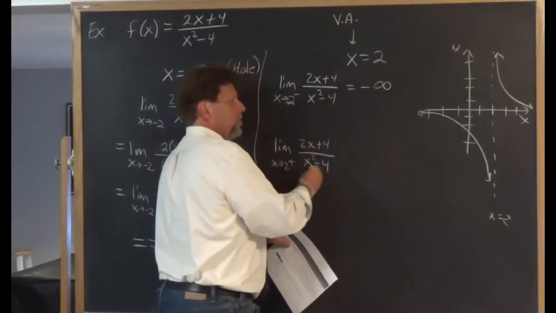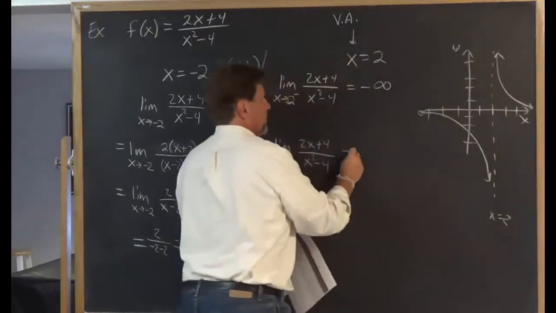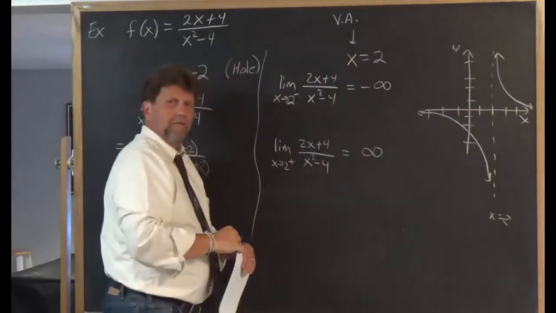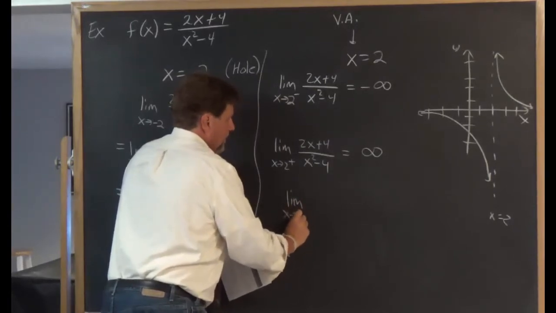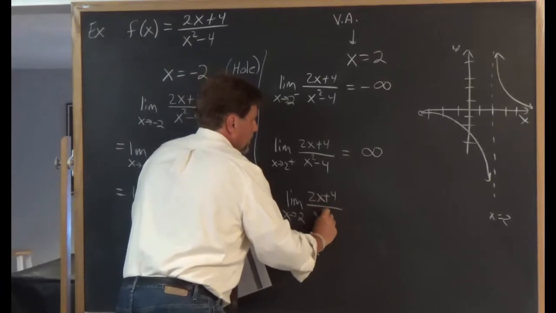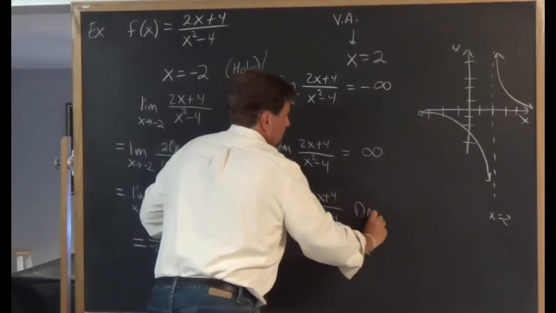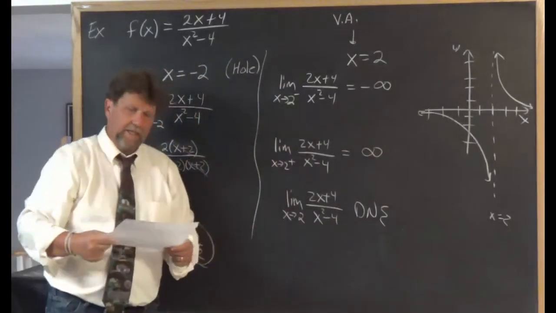As I approach 2 from the right side of 2, that limit is positive infinity. And then that tells me that the limit as x approaches 2 does not exist. Those aren't the same thing. So that limit does not exist.